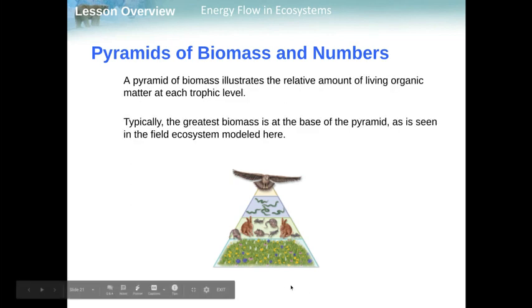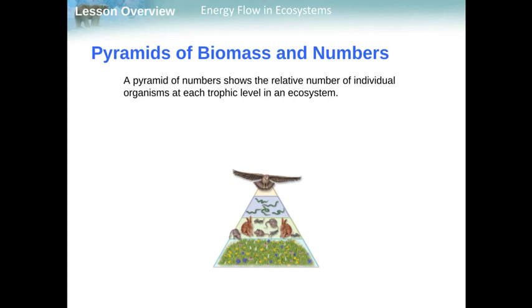And if you were to look at it, this part where we find our primary producers would actually take up all the way up to here, because the literal mass of all of these plants is far greater than all of the consumers combined. So a pyramid of numbers will then show the relative number of individual organisms at each trophic level in an ecosystem.